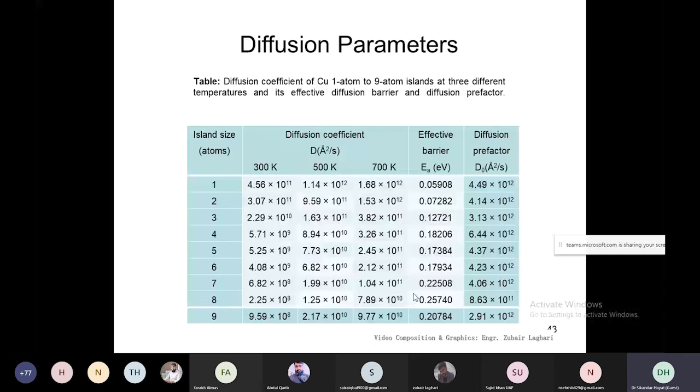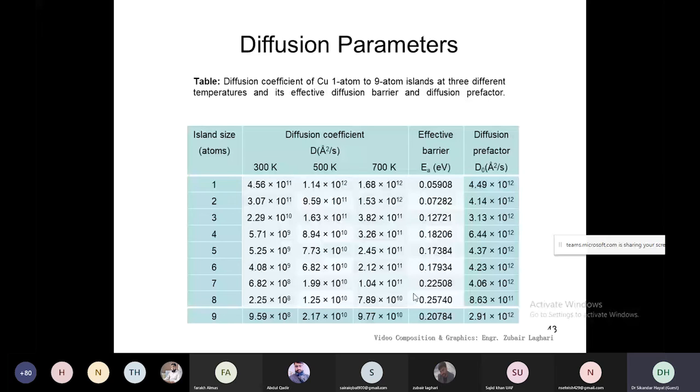We saw that the energy barrier is going to increase with the increase of the island size, because more push energy is required as compared to the lower one, which is very small in the case of the monomer, which moves very aggressively on the surfaces. The diffusion prefactor provides the attempting frequencies, and these parameters provide the whole story of the diffusion of the islands on the surfaces.